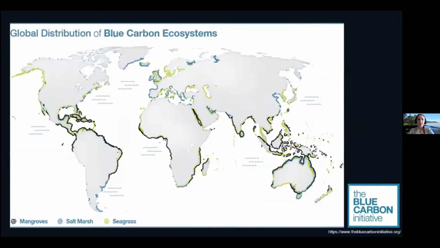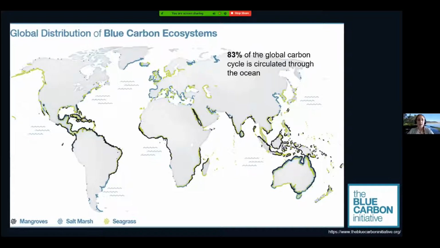So where do blue carbon ecosystems occur? They're distributed globally. And so here we can see on the map that mangroves are mainly limited to tropical and subtropical regions. 83% of the global carbon cycle is circulated through the ocean, and coastal habitats cover less than 2% of the total ocean area.